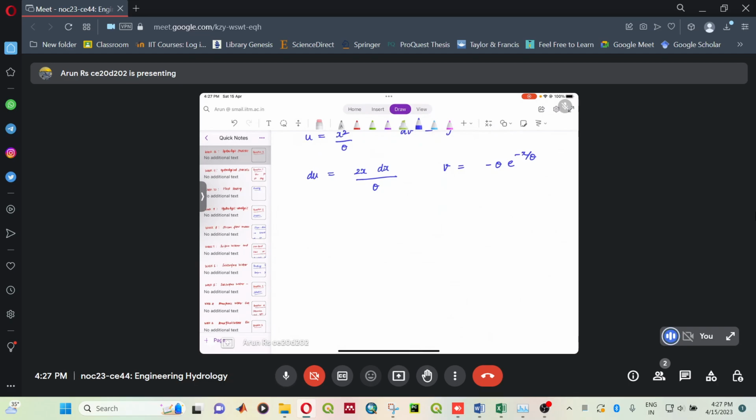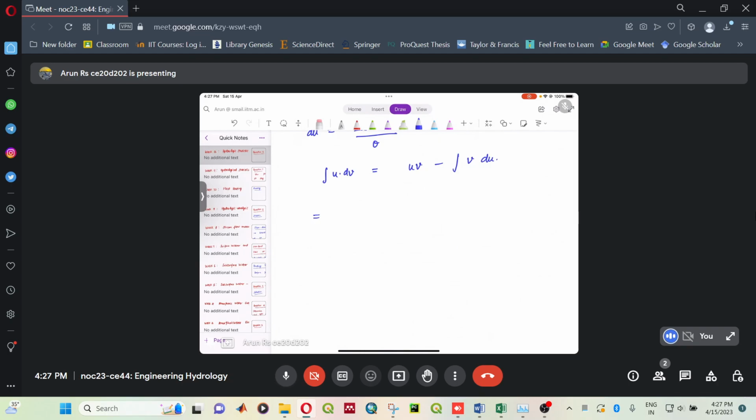Now integral by parts: integral of u dv is equal to uv minus integral of v du. This is the formula for integration by parts. Now we'll be substituting the values which we got.